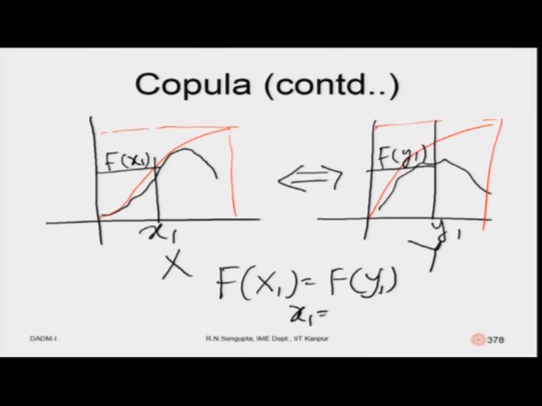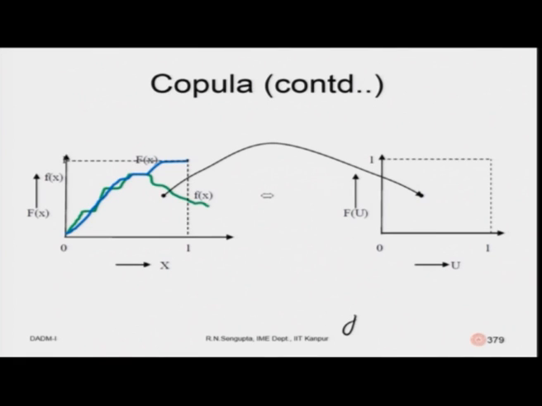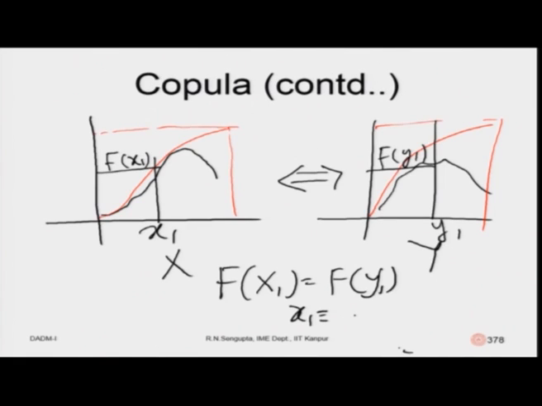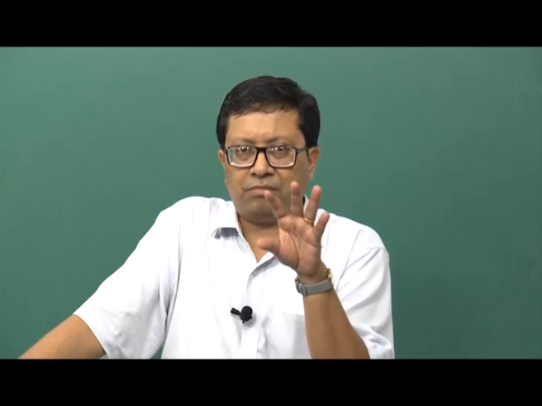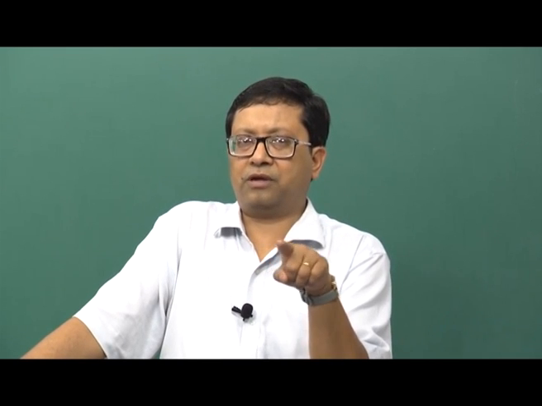In that case, if I add up all the probabilities of x till the x1 value, and add up all the probabilities for y till y1, both of the values are equal, such that the total probability covered till x1 and the total probability covered till y1 are equivalent.